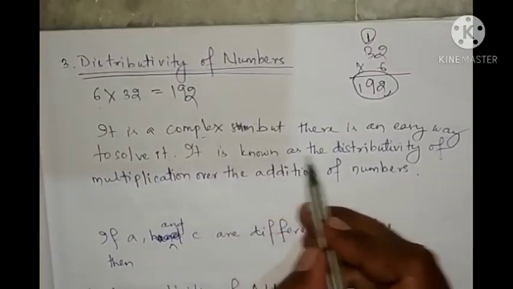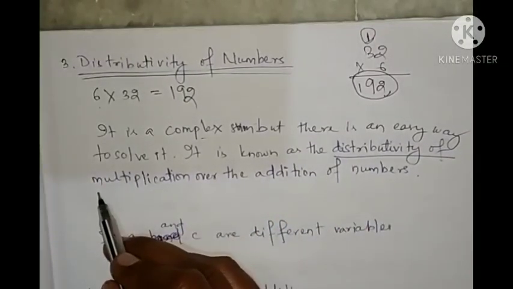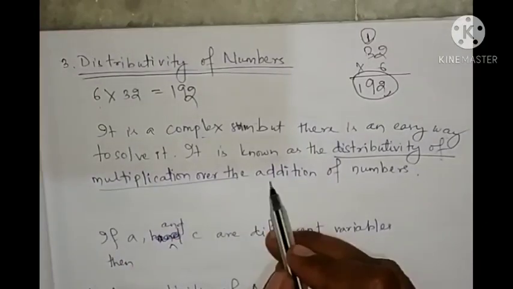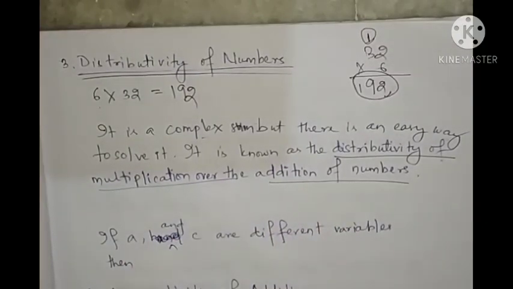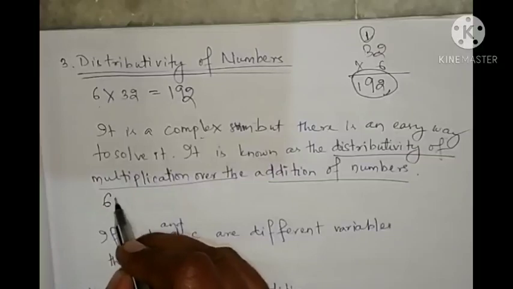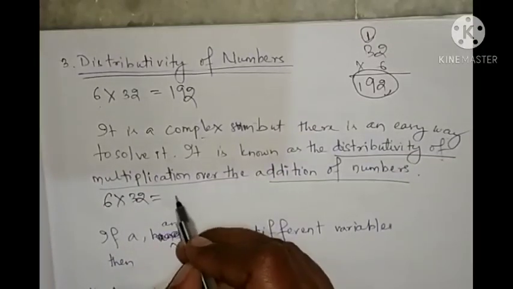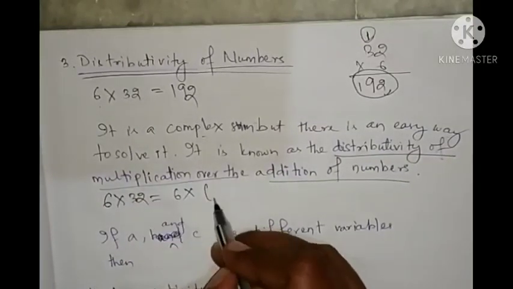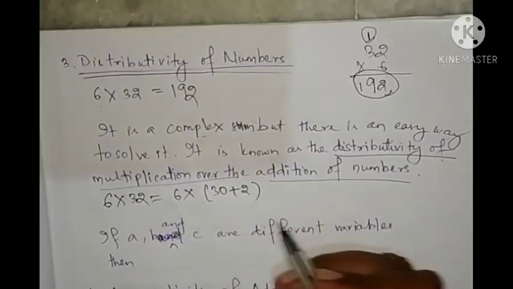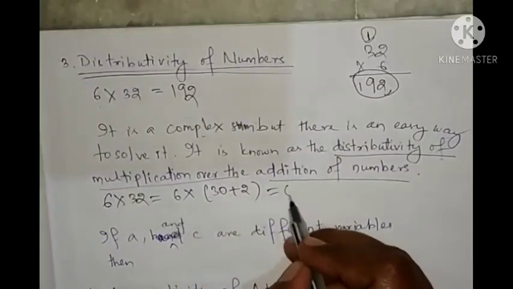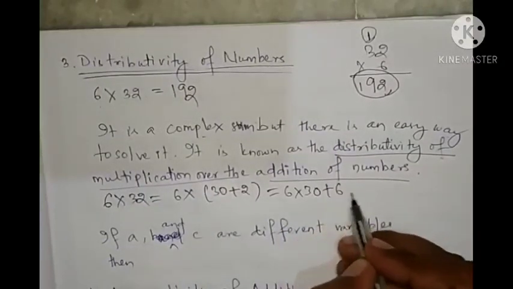It is known as distributivity of multiplication over the addition of numbers. So let's see how you can do. You can write 6 into 32 equal to, 32 means what? 30 plus 2. Okay, then you can write as 6 into 30 plus 6 into 2.